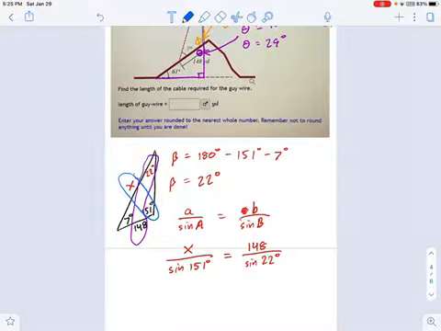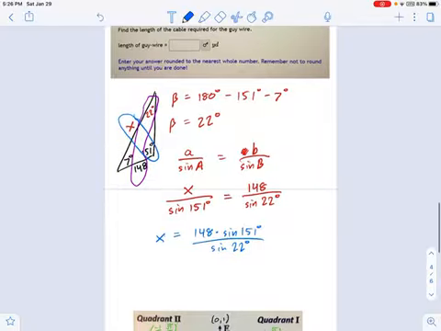So now we just go through this and solve. x equals 148 times sine of 151 degrees divided by sine of 22 degrees. Okay, so what do we get? 148 sine of 151 divided by sine of 22. We get that the guy wire in this problem is going to be 191 yards long, okay?